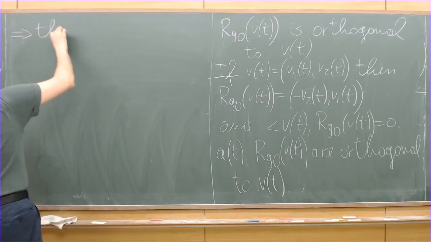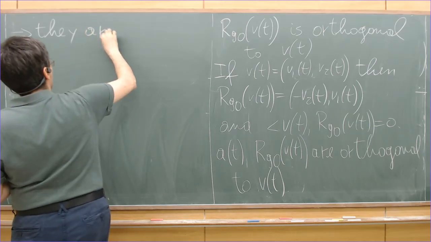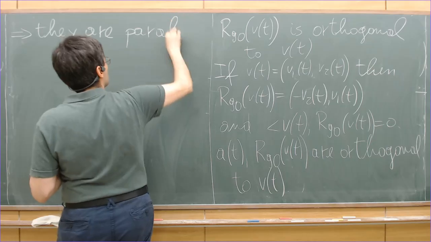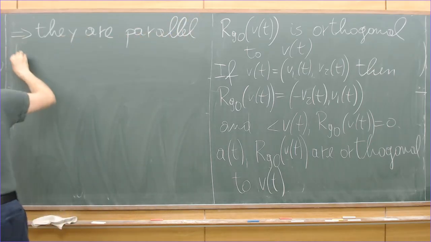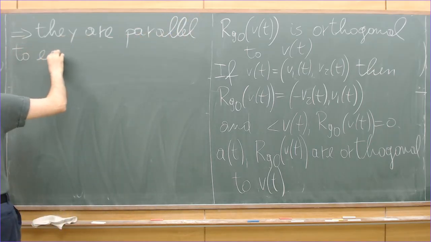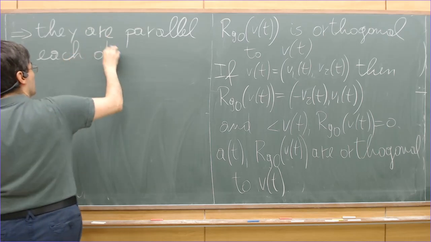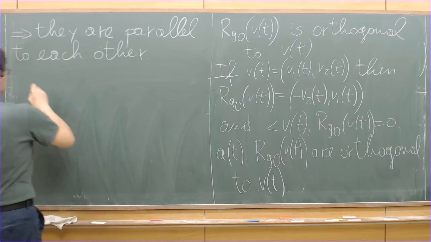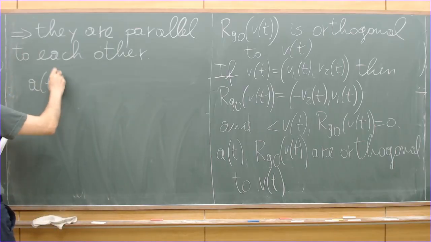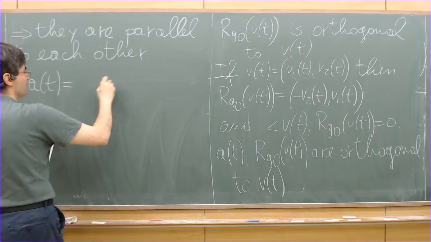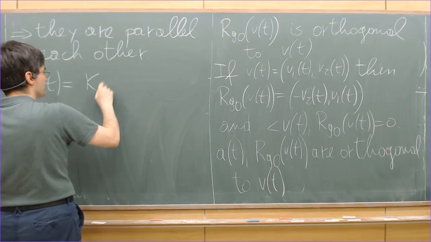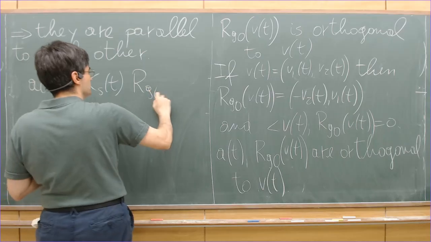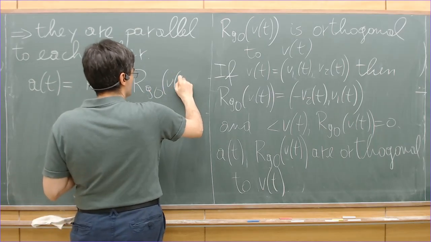So we can write A of t equal to a scalar function ks(t) times R90 V of t.